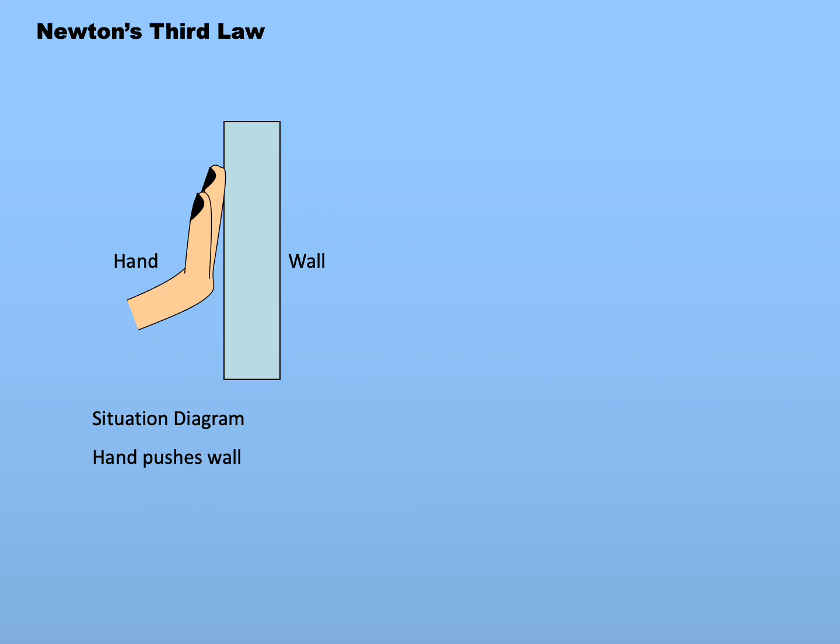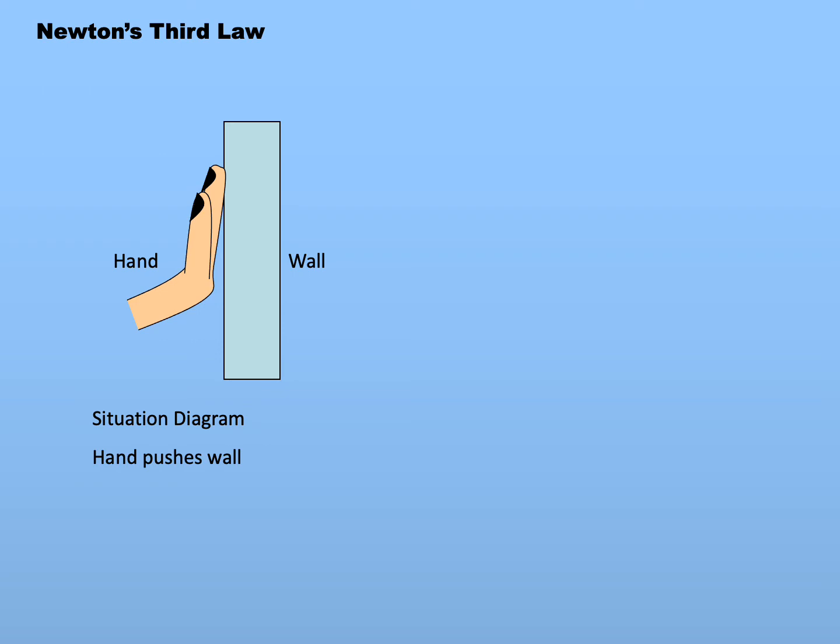The third and final of Newton's three laws, Newton's third law. I want you to imagine you're leaning on a wall with your hand, pressing on the wall with your hand. What you can see in front of you there is a situation diagram showing you the bodies and the setup.